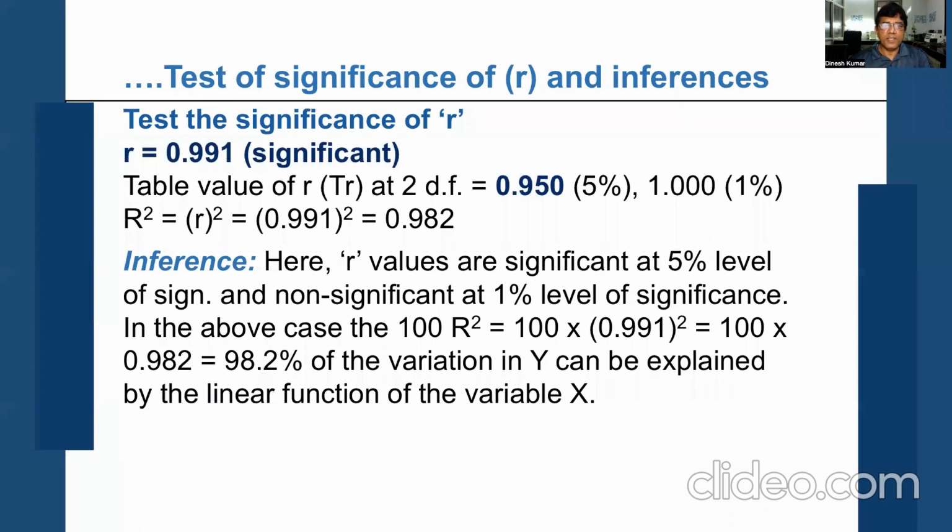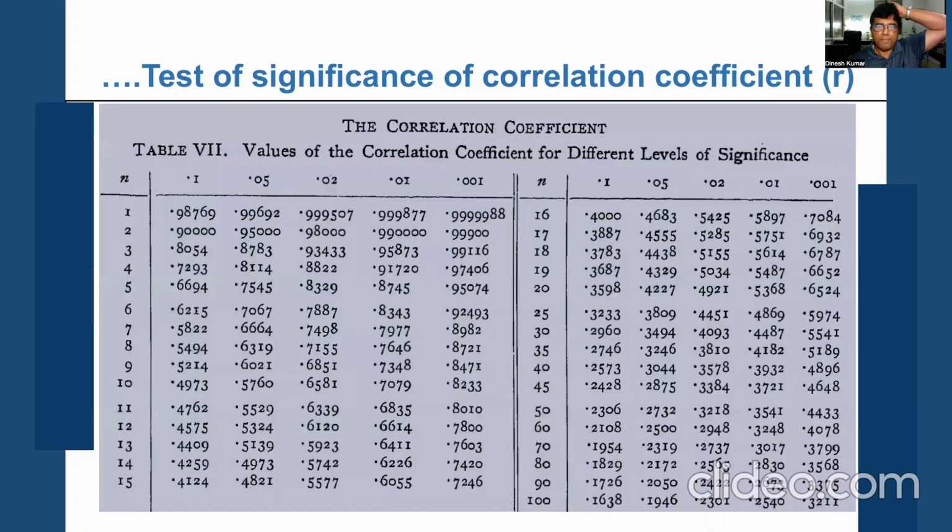So for the test of significance, you can see here the table value of r at 2 degrees of freedom is 0.95 at 5%. At 5%, 1%, I think at 2 degrees of freedom, yes, 2 degrees of freedom, 5%; maybe there is some problem with this.